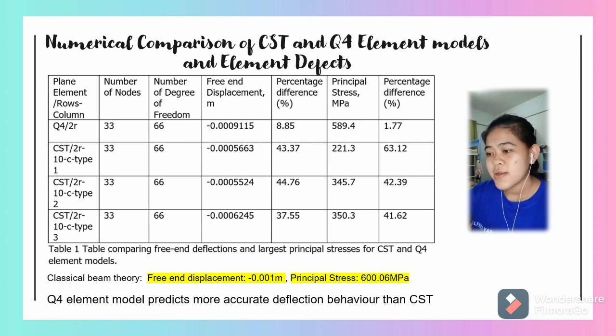The largest difference is at CST type 2 for the free end displacement, but for principal stress, the largest difference is from the type 1 CST.